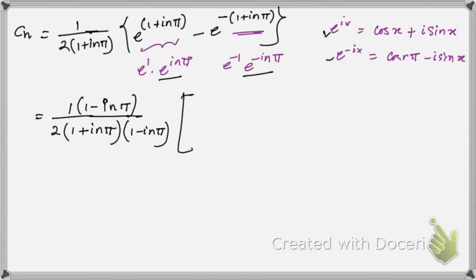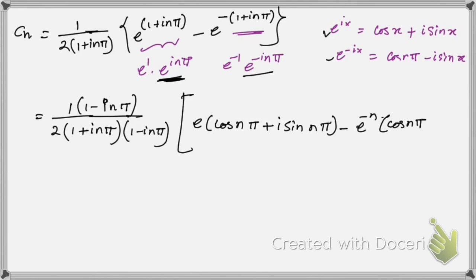And within the bracket, e to the power 1 means simply e, and you can replace this by cos n pi plus i sin n pi, minus e to the power minus 1 times (cos n pi minus i sin n pi), applying this identity, right?